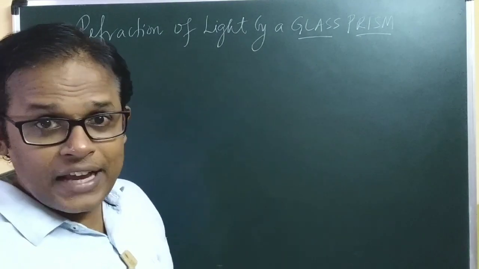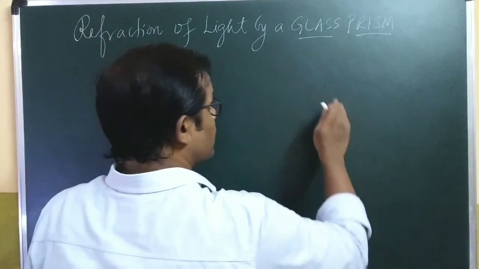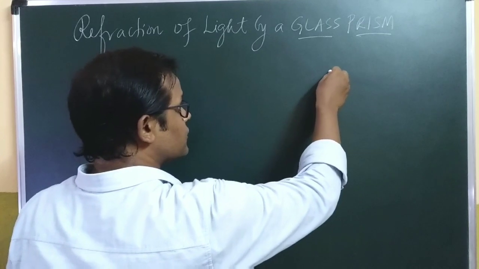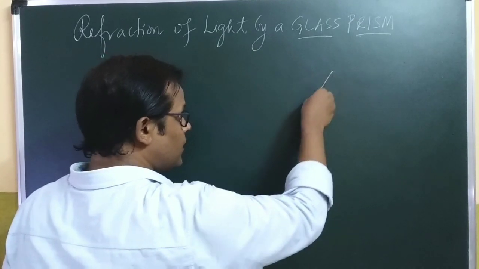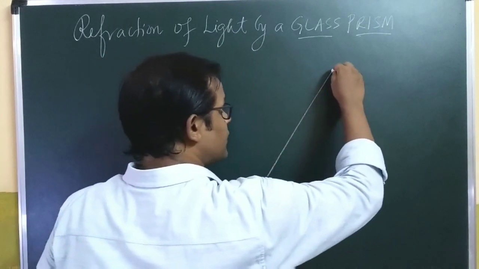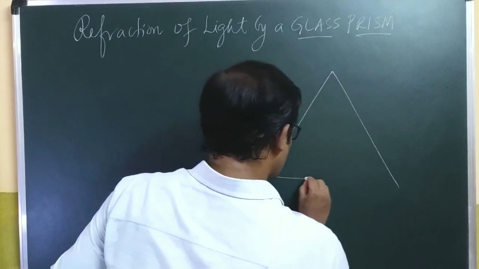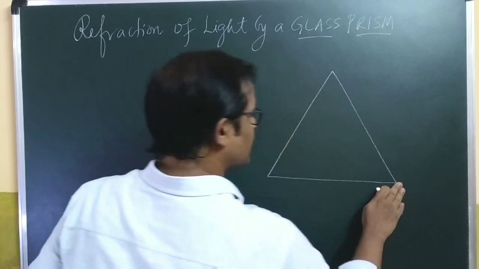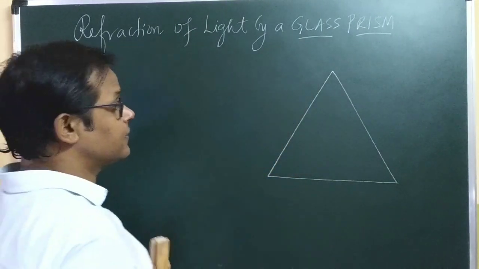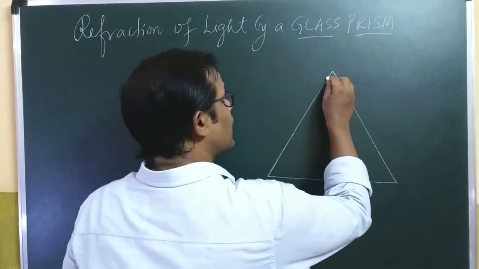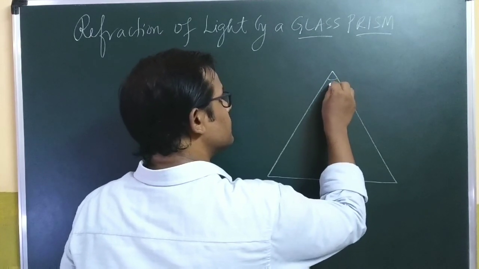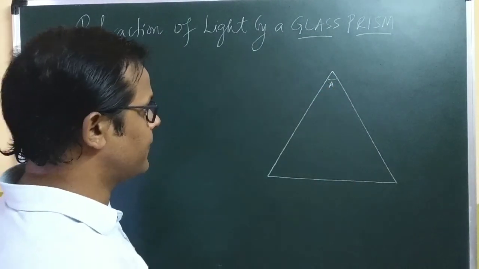And now for diagrammatic purposes, I'll draw only a triangular cross-sectional surface, okay? Imagining this is an equilateral prism, this is how it will look. Does it look good? Yeah, nice. This is what I call the angle of the prism A. Alright.